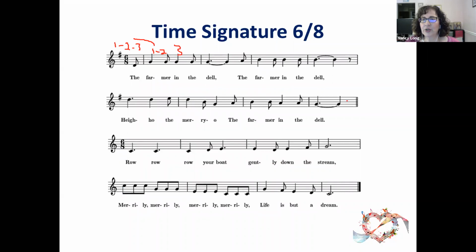So here's the time signature of 6/8. I could not find anything in our own music, but here's an example where there are 6 eighth notes in the measure. It's important to note that in 6/8, you're really counting 2 beats per measure. It's a big beat.